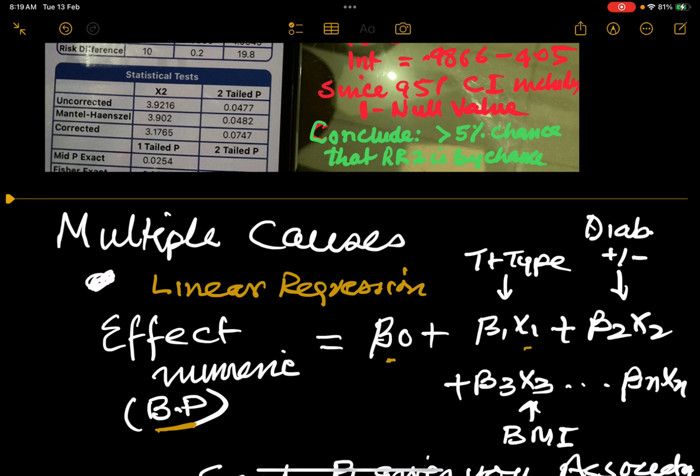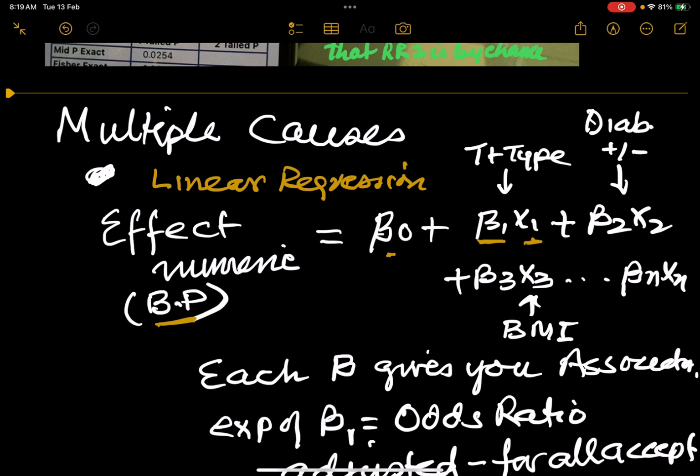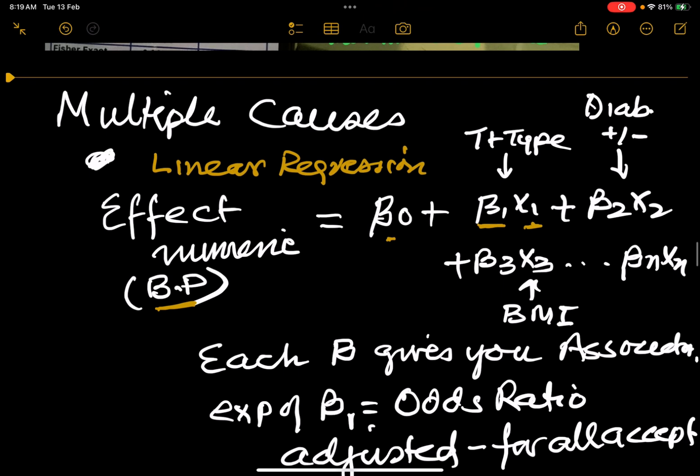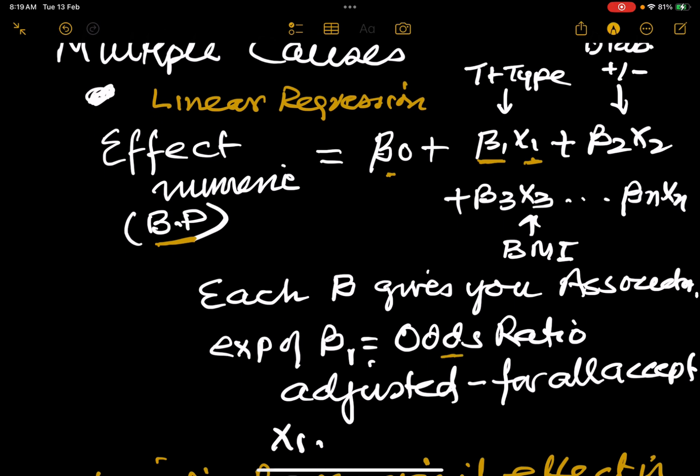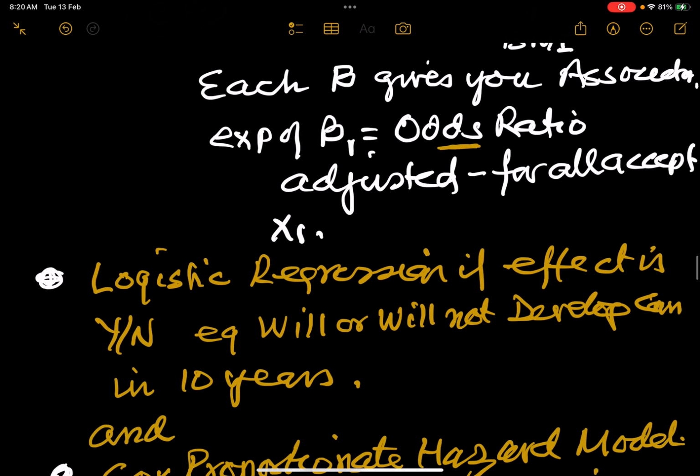So when you get the exponential of this beta value associated with x1, exponential of beta 1, it will be the odds ratio associating treatment type to response in blood pressure, adjusted for all the other explanations of reduction in blood pressure, like presence, absence of diabetes, BMI, obesity, anything else. So all these other explanations are called confounders.